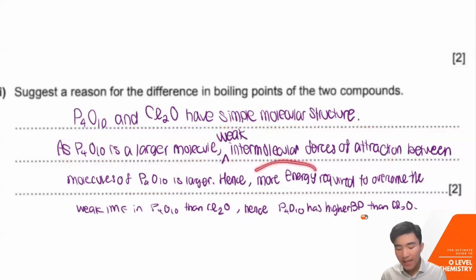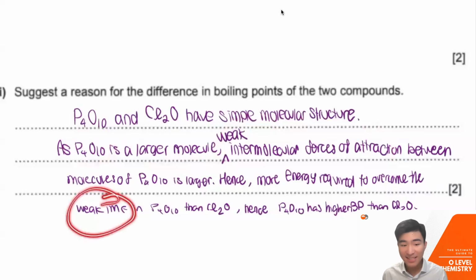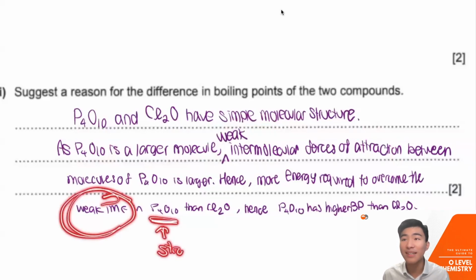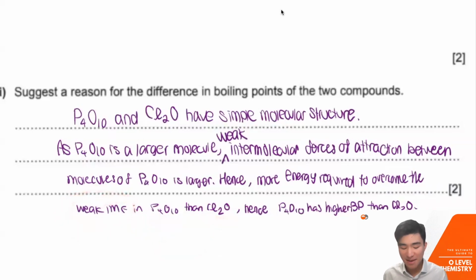Okay, more energy is hence required to overcome the weak intermolecular forces in P4O10. Because the weak IMF in P4O10, can you get this is stronger? This is stronger than Cl2O. Can you see that? Hence, P4O10 is going to have a higher boiling point than Cl2O.